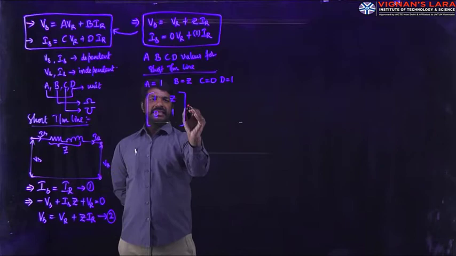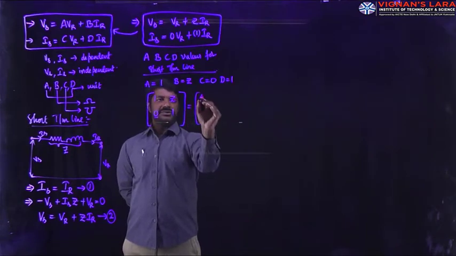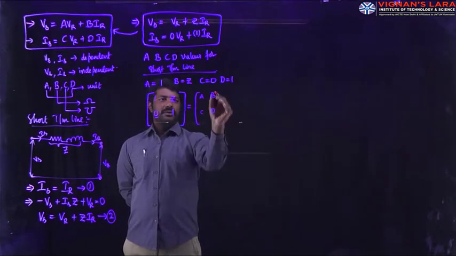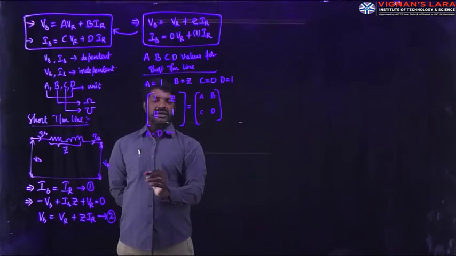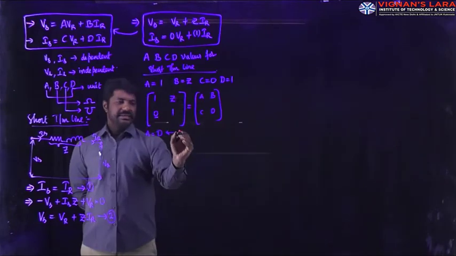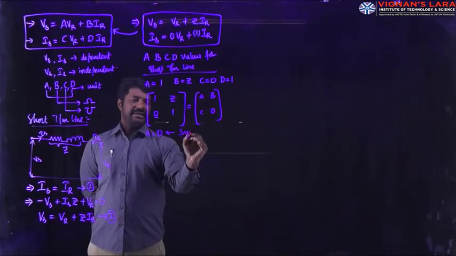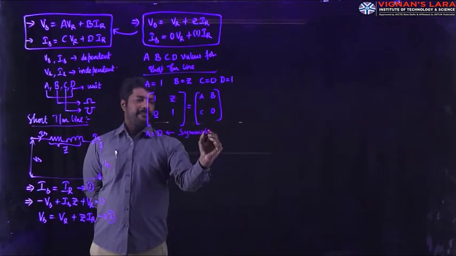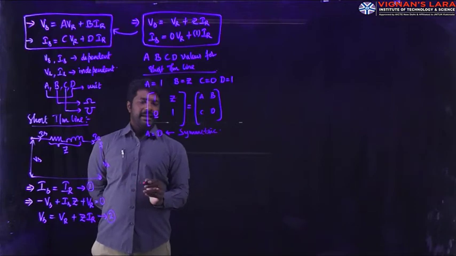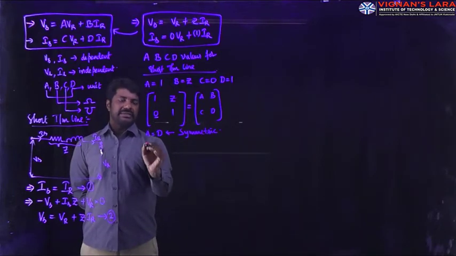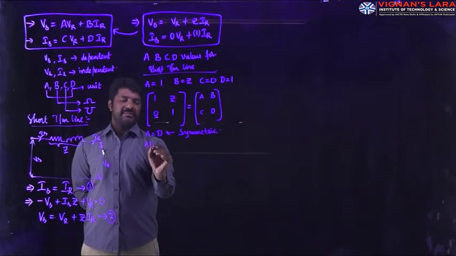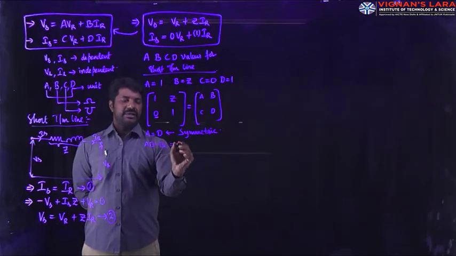Out of these ABCD values, we can observe that A is equal to D. Then we can call this short transmission line a symmetric line. And the verification of whether it is a reciprocal circuit or not is done with the calculation of AD minus BC, and it should be equal to 1.